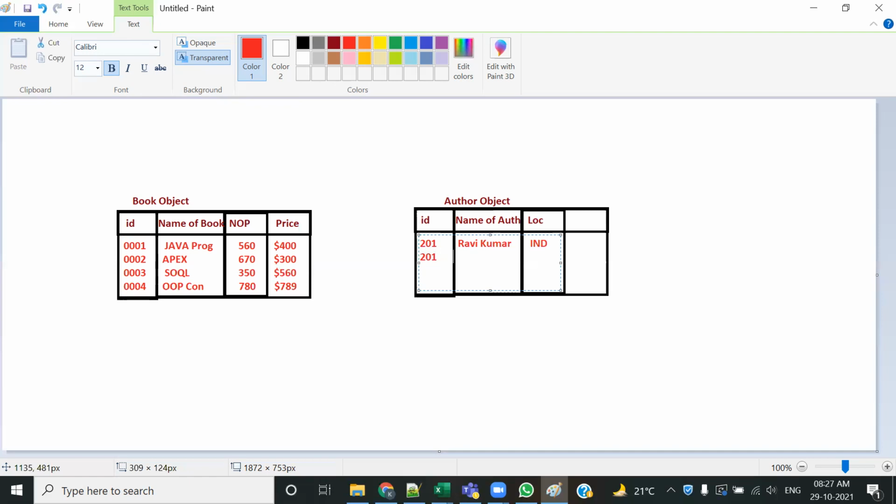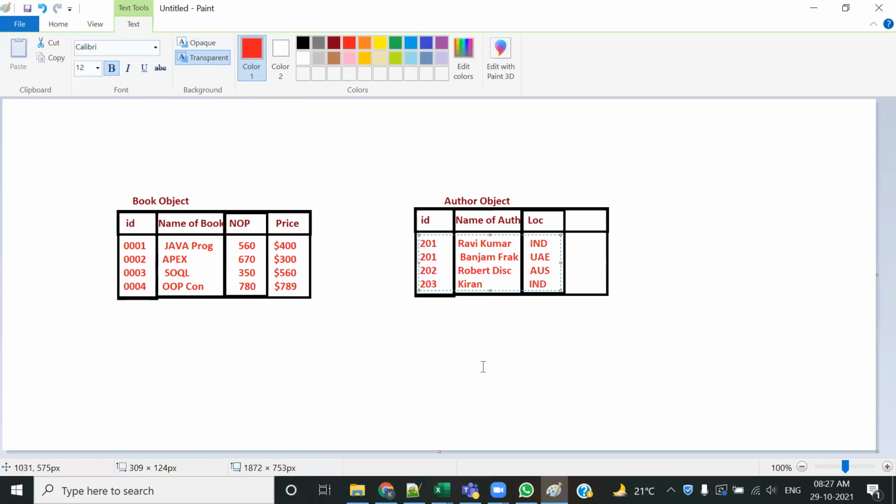The author ID is 202 and it's Benjamin Franklin, and he belongs to UAE. Then 202 is Robert De Costa. He's from Australia. And 203 is Kiran. Kiran again belongs to India.